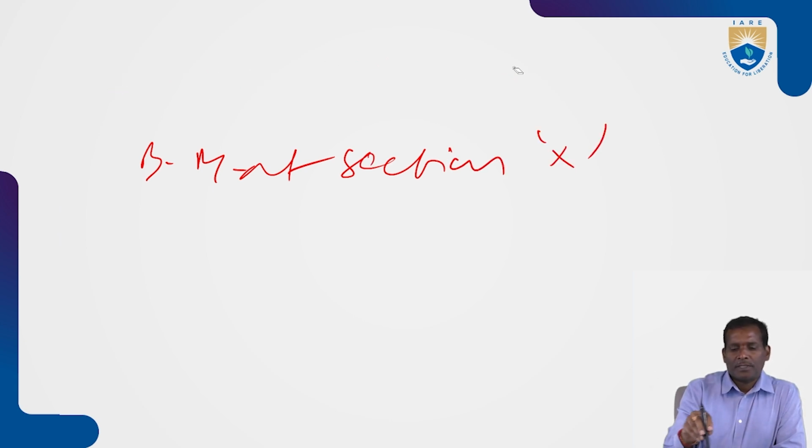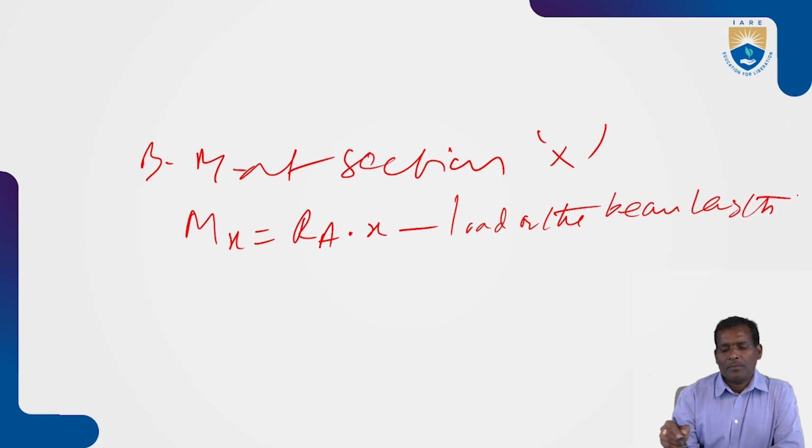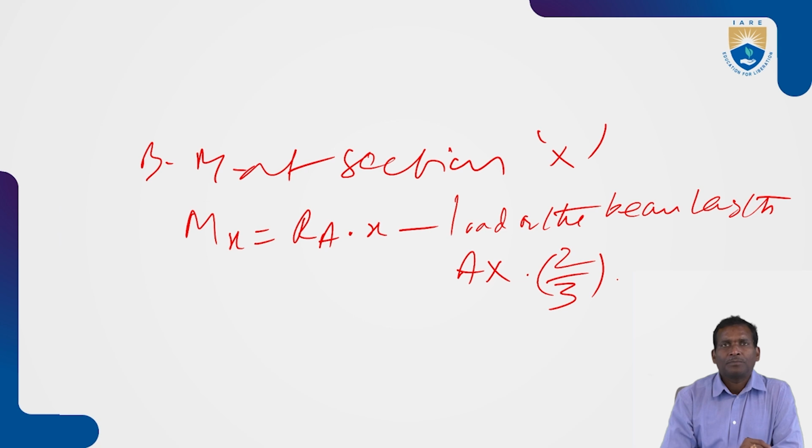The bending moment at section X, that is Mx, is equal to RA into X minus the load on the beam length AX multiplied with 2 by 3.